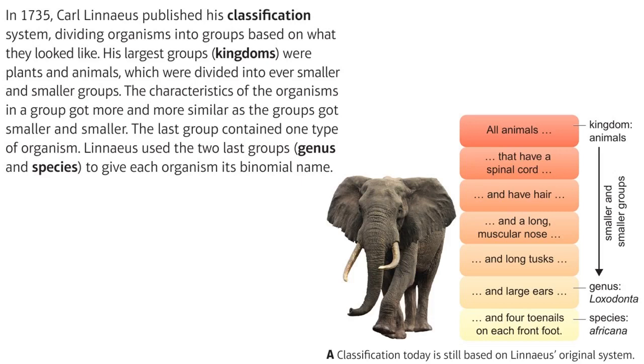So all elephants belong to a genus, which is just a group, called Loxodonta. And within that genus of Loxodonta, there are several different species of elephant, and the Africana, or African elephant, is just one of several different species of elephant. So that means that the binomial name for the African elephant would be Loxodonta africana.